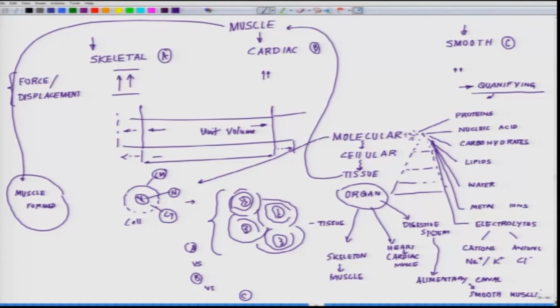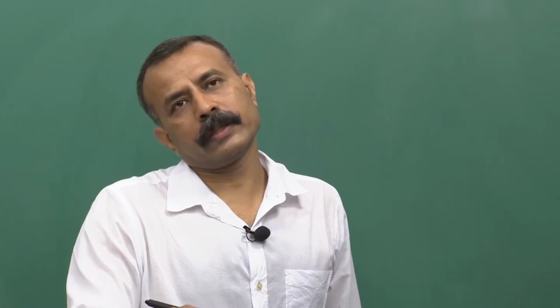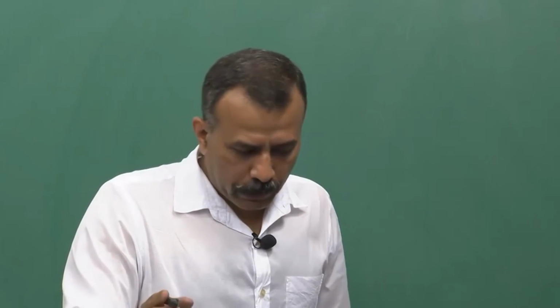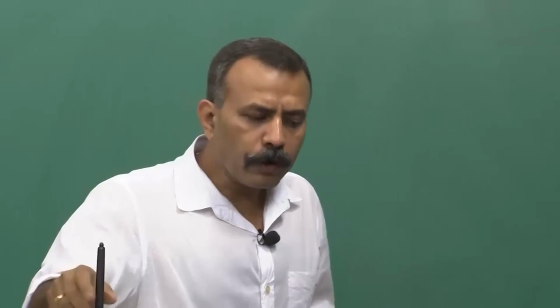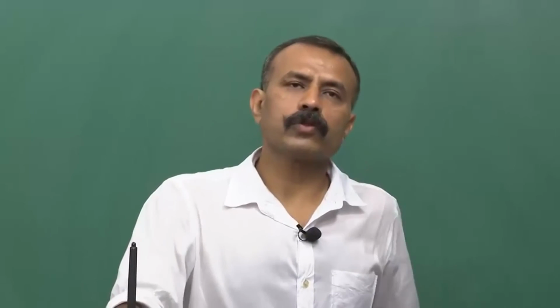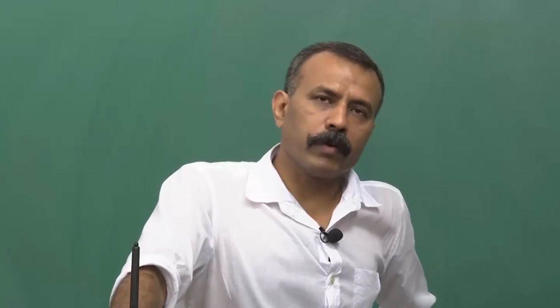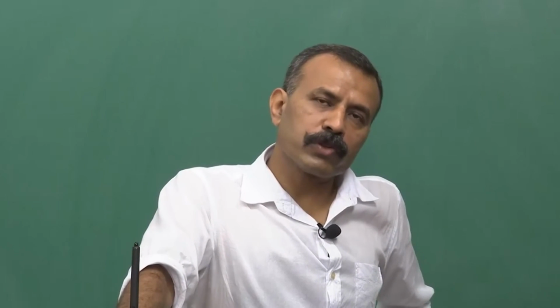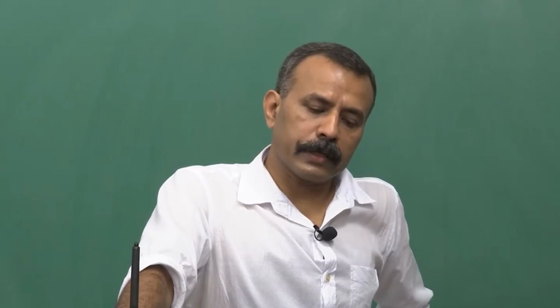So, you see, from the organ we went back to the tissue level, and now we wanted to understand the cellular and the molecular players who are orchestrating this different force generation. Okay. So, in order to understand, as I am telling you, one has to understand how these different muscles are formed and what those molecular players are and how this force generation is being dictated.